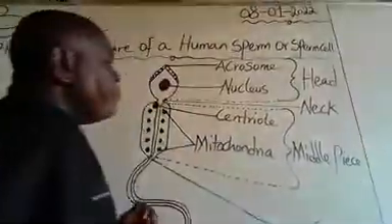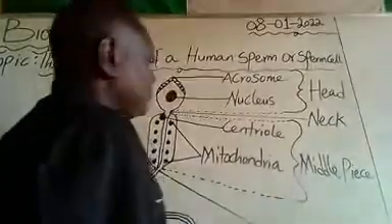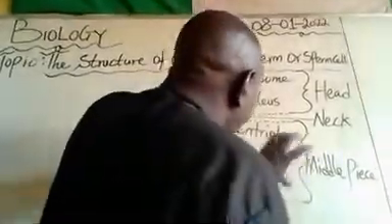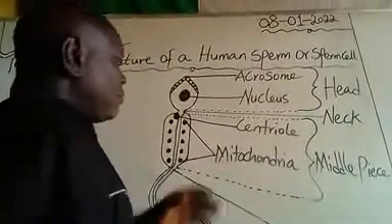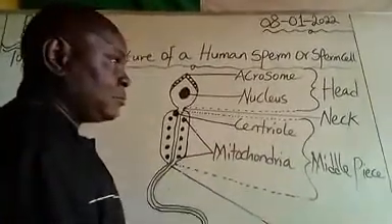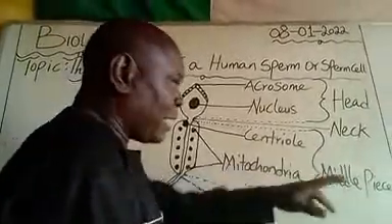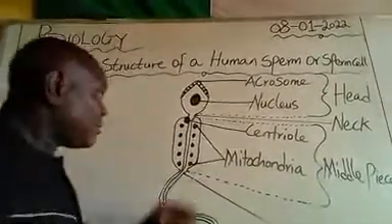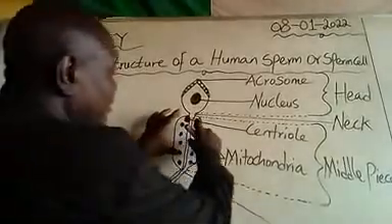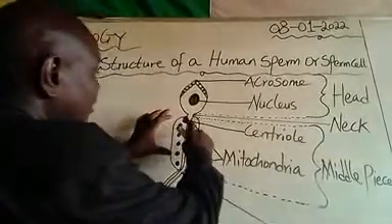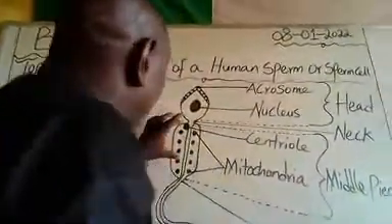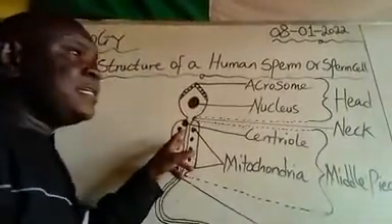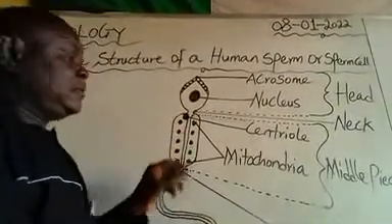Here we have middle piece. In the middle piece, we have mitochondria. This is a region where energy is generated.